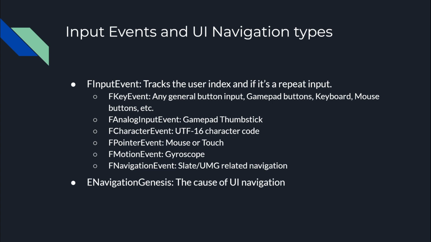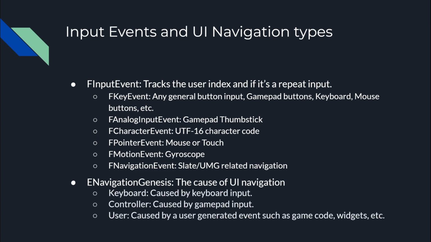And navigation genesises are pretty interesting. That was a little tongue twister. They are basically just us being able to tell what was the cause of this UI navigation. So these are the three main ones, which are basically keyboard, controller, and user. Keyboard and controller are pretty obvious. Keyboard is keyboard input, gamepad is controller.